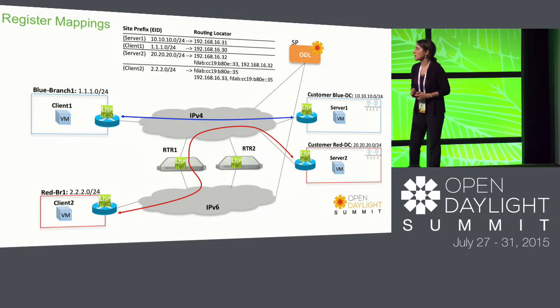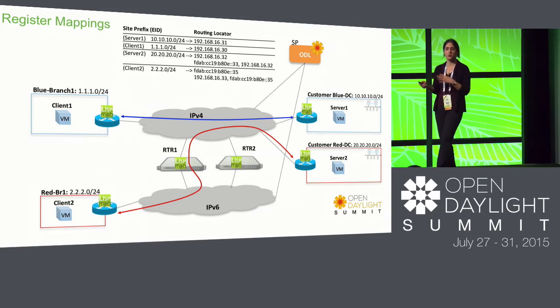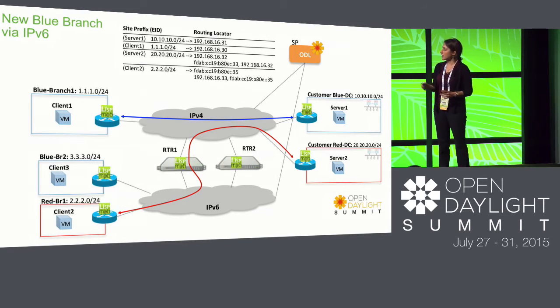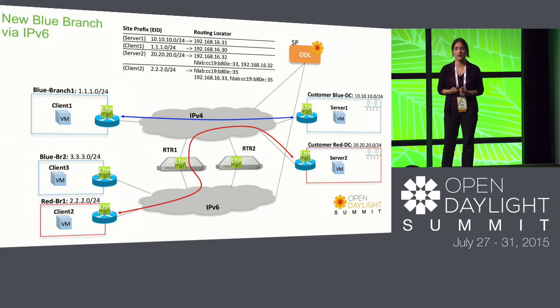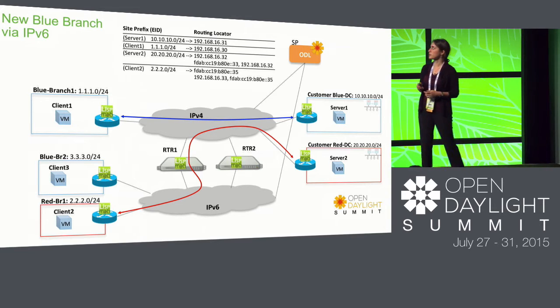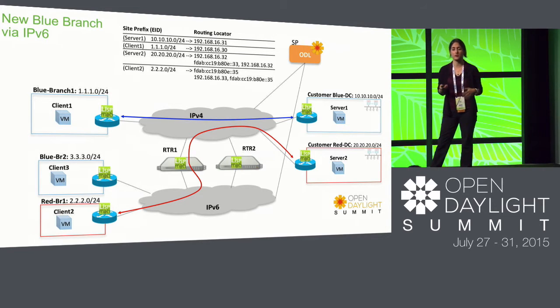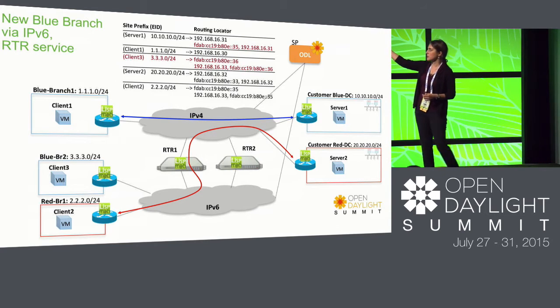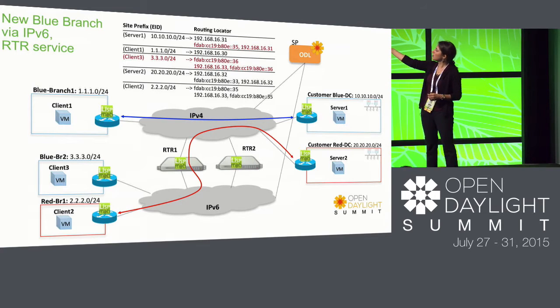Now let's say that the blue customer is also adding branches over the v6 core. And so we have this additional client that we want to provide connectivity to. Again, the blue customer can go to the service provider and through ODL ask for another RTR service and add its client 3, or the second blue branch.